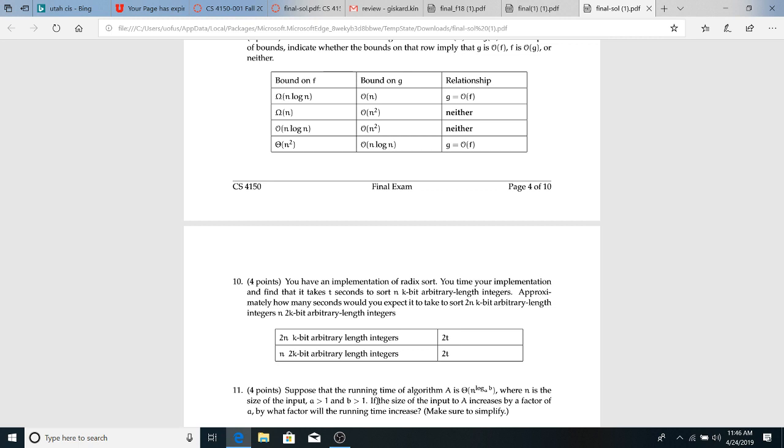So you have some runtime of n to the log base a of b. Say this ran in t seconds. You want to figure out a new value for n such that the algorithm runs in a times t seconds. Does that make sense?